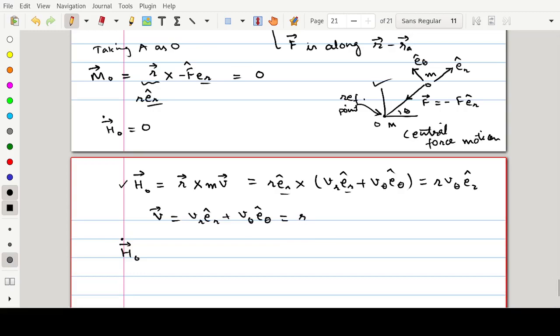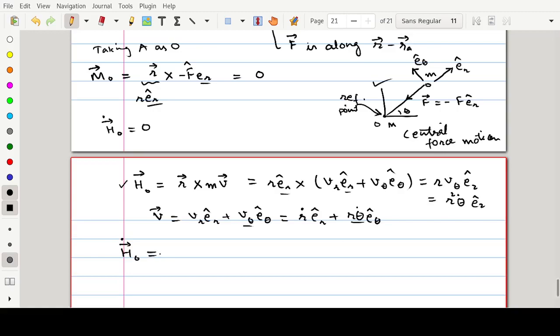In polar coordinates the expressions for v_r and v_theta are R dot, and R theta dot e_theta. So HO is R squared theta dot e_z.